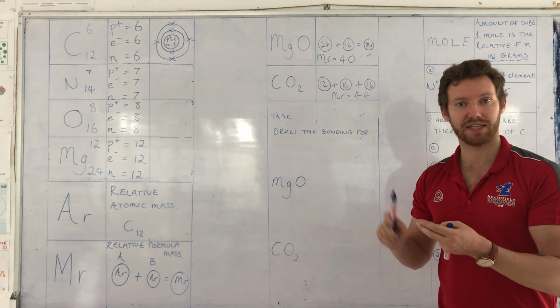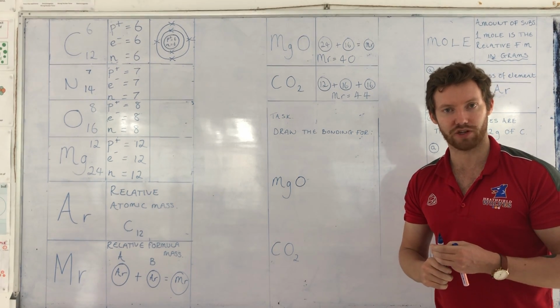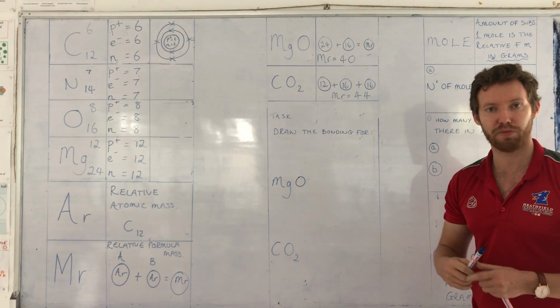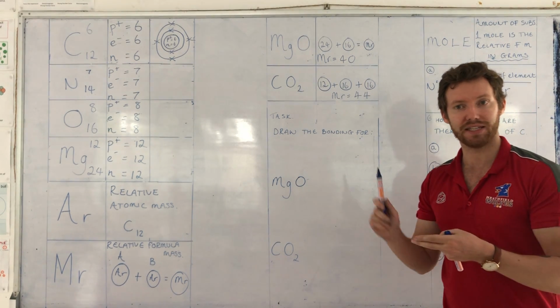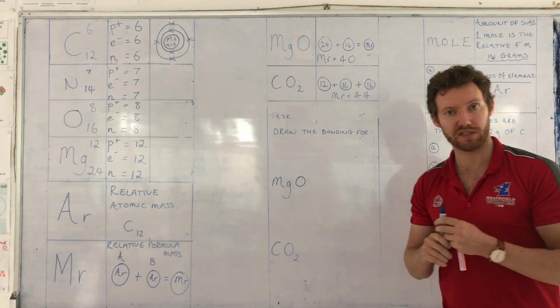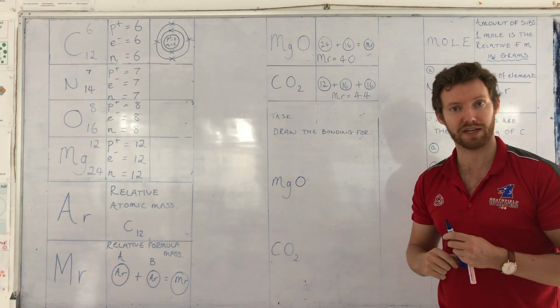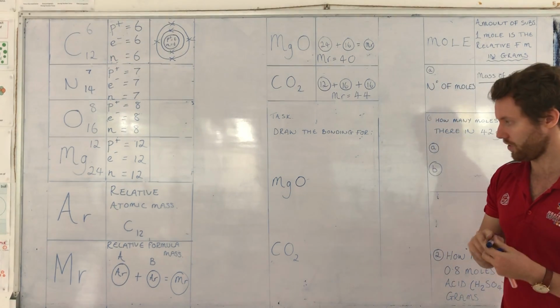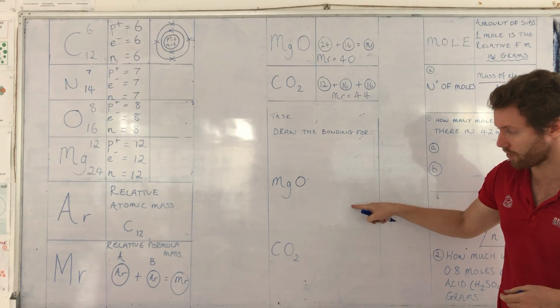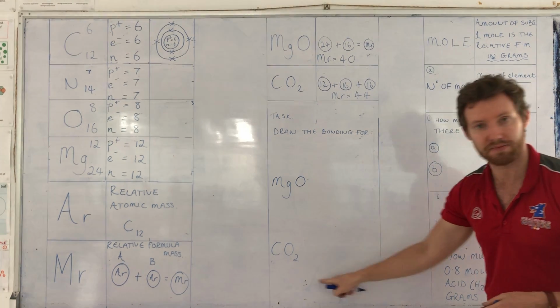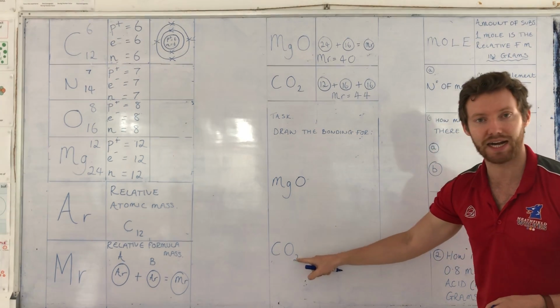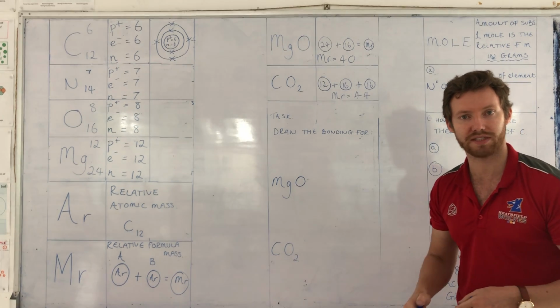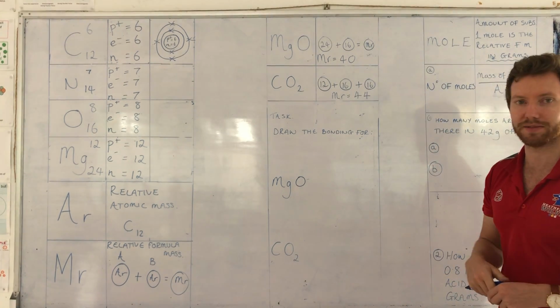Are we donating? Are we gaining electrons? Identify the type of bonding. Is it ionic? Is it covalent? If you've not watched these videos yet, please just reflect back on the videos and this will help you. So we want the bonding for magnesium oxide and the bonding for carbon dioxide too. It's very important to remember.